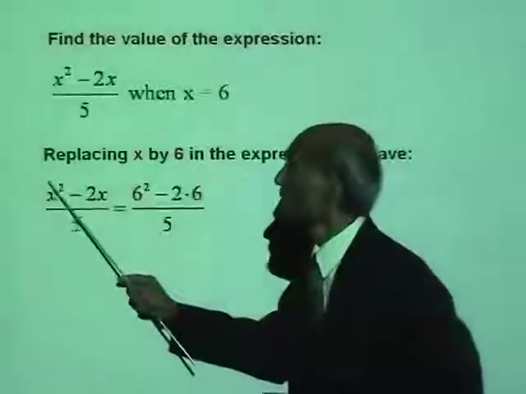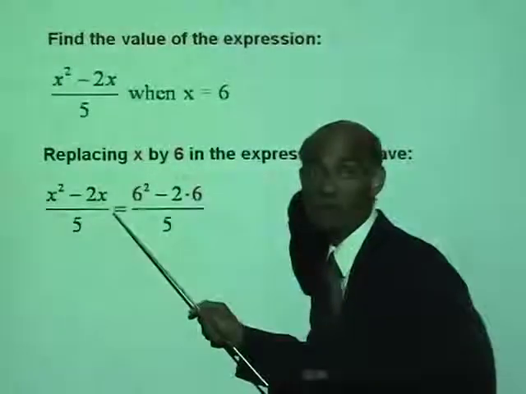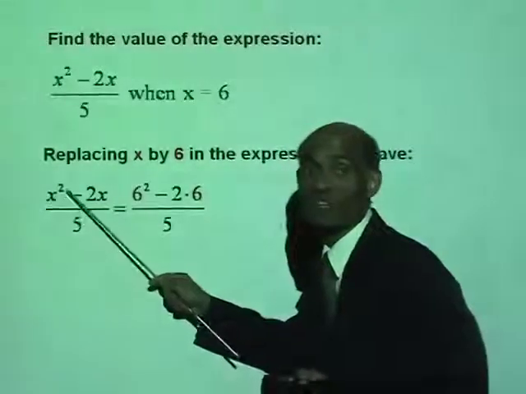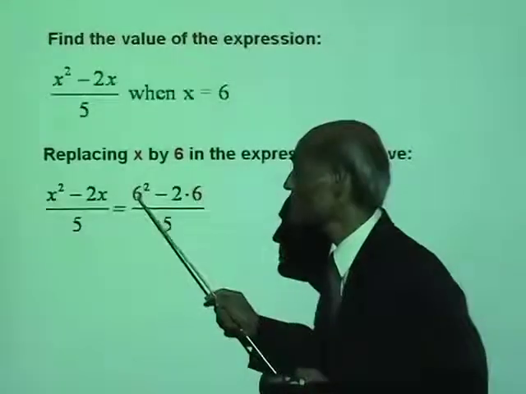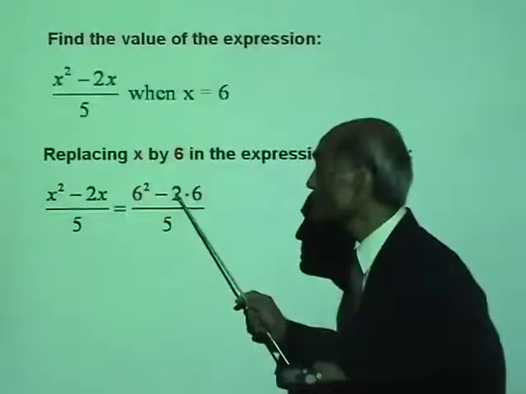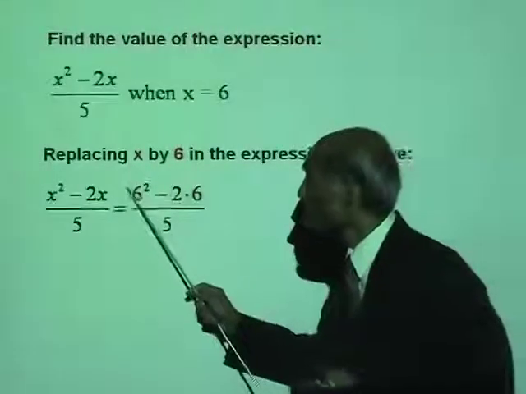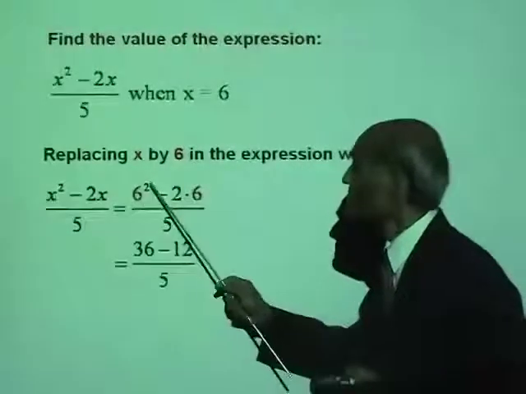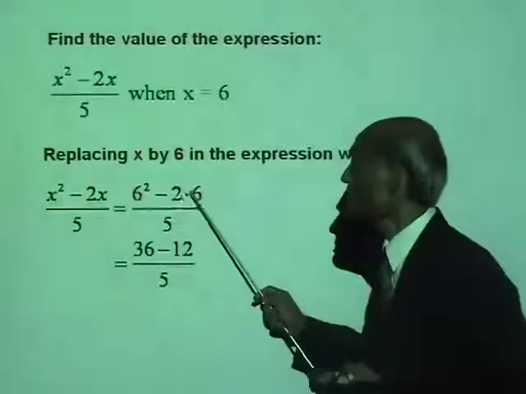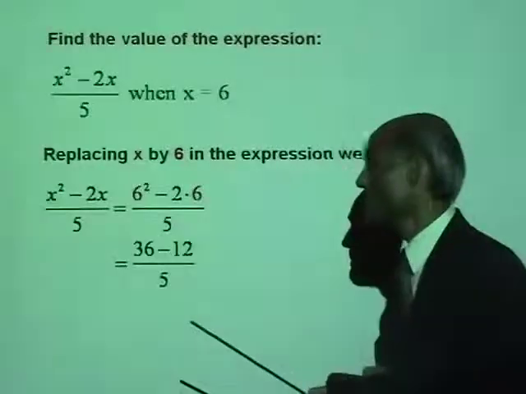Alright, so x squared minus 2x all over 5 will be equal to, replace x by 6, 6 squared minus 2 times 6 all over 5. Simplify the numerator. 6 squared is 36 minus 2 times 6 is 12 all over 5.